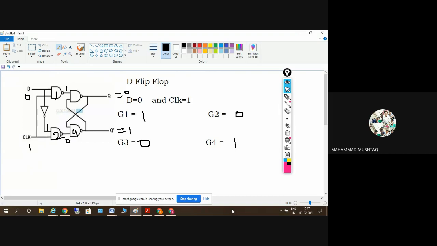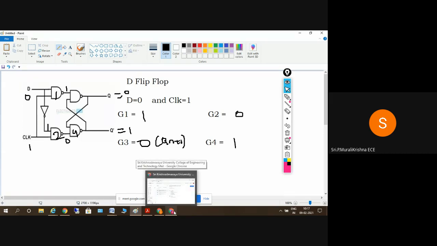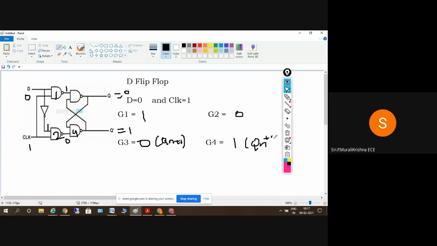So when D is equal to 0, G3 is nothing but Q of n plus 1, and this is nothing but Q bar of n plus 1.